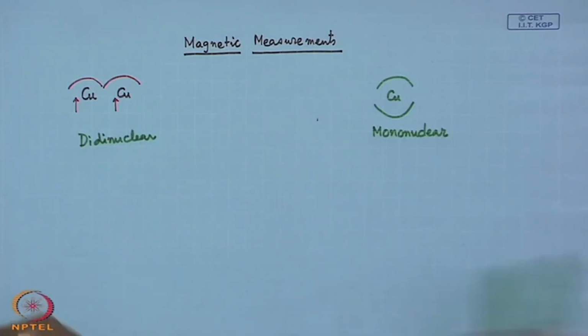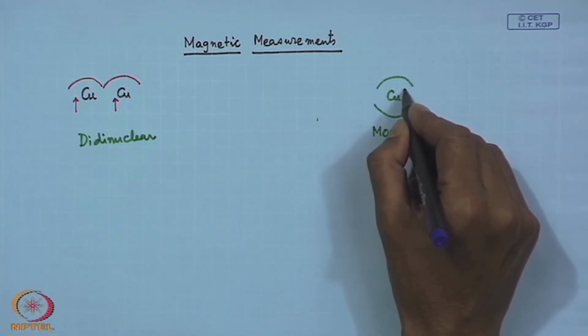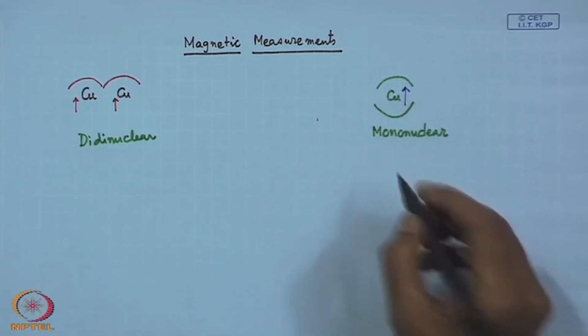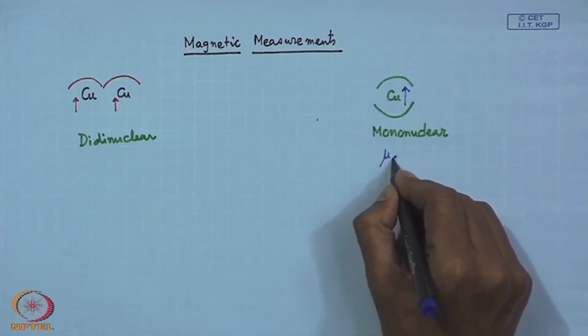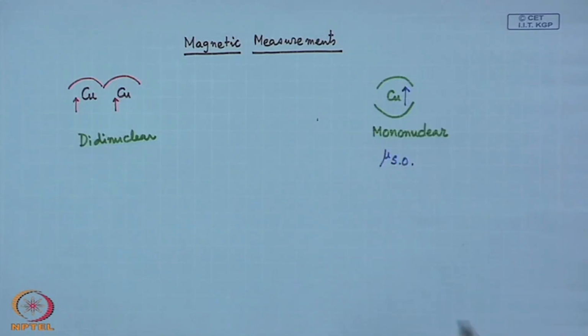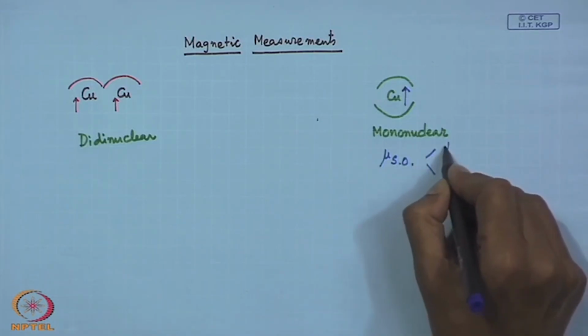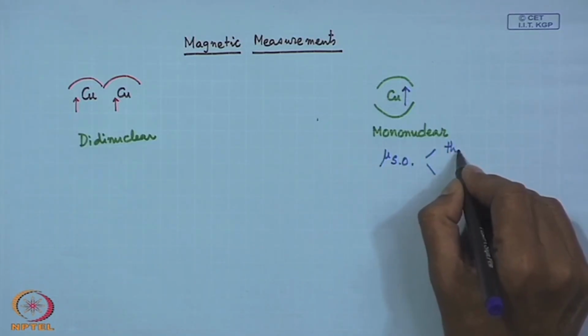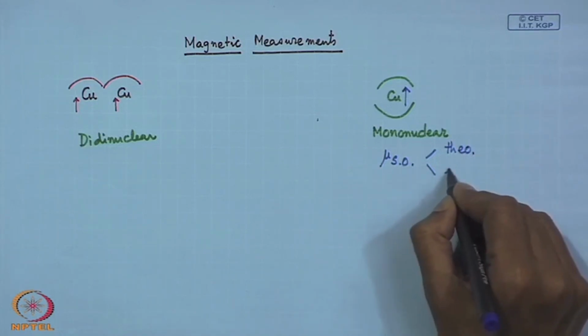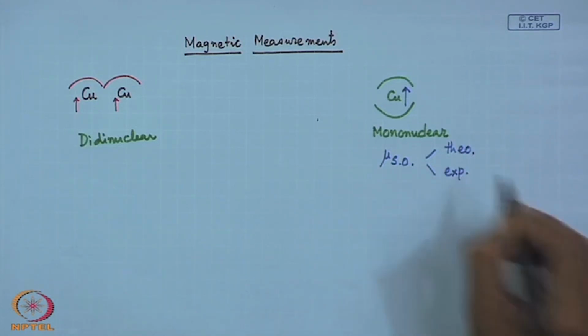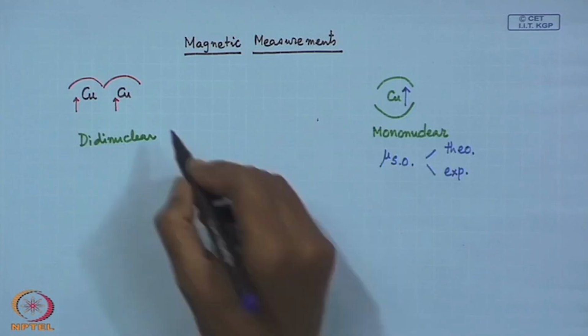and these two systems we can simply compare by knowing the corresponding magnetic moment values. If this is simply the corresponding spin only value, we can have one theoretically predicted value and another one is the experimentally determined quantity.